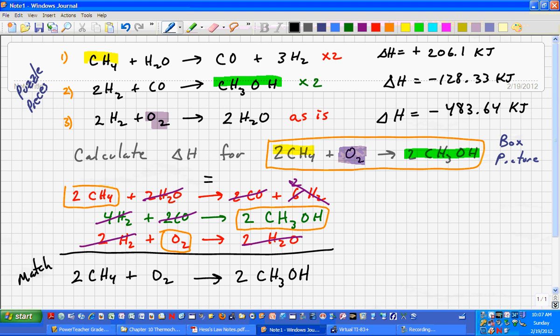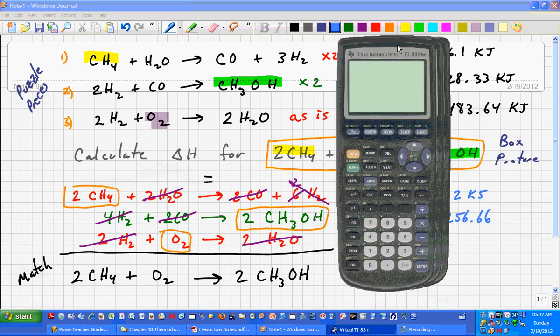So with the first delta H, I doubled it, so I'm going to multiply that by 2. I'm going to get 412.2 kilojoules. That's 2 times 206.1. I'm going to double the next one. It's 2 times a negative 128.33, which is equal to negative 256.66.